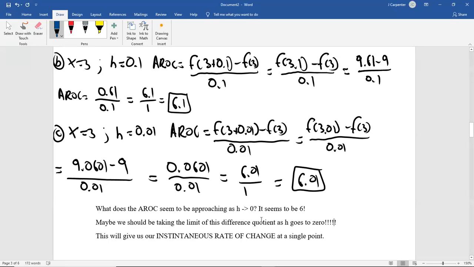This gives us our instantaneous rate of change, which I did not spell correctly. It's instantaneous with a capital A. So this will give us an instantaneous rate of change at a single point.